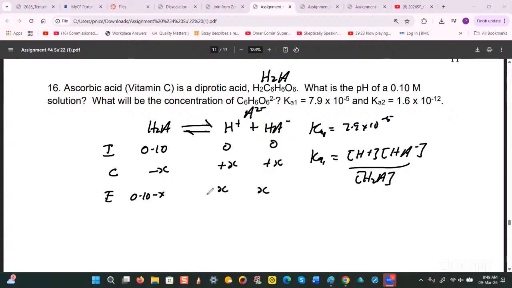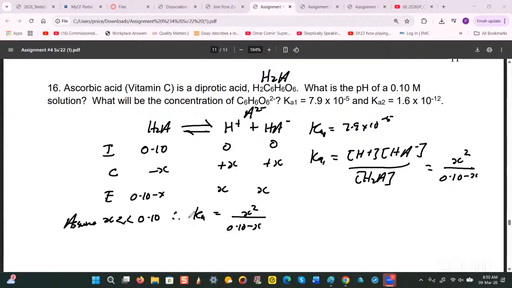So when we put these terms into this equation, you're going to end up with X squared over 0.10 minus X. I'm sorry, 0.10.